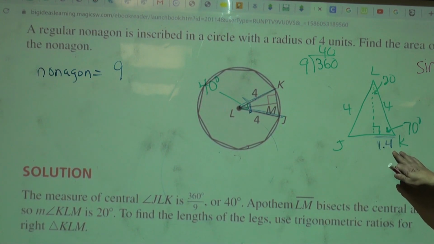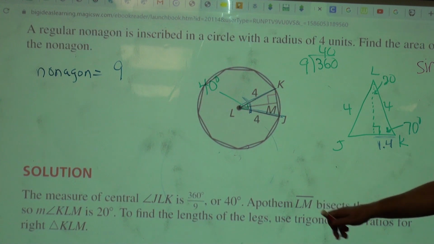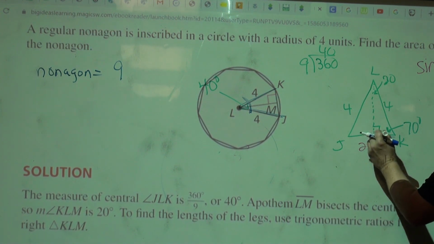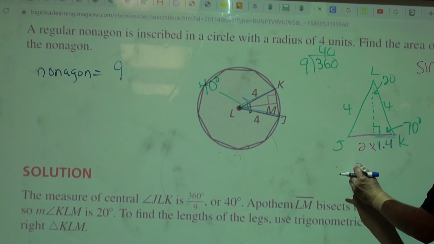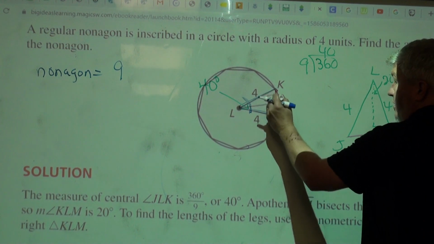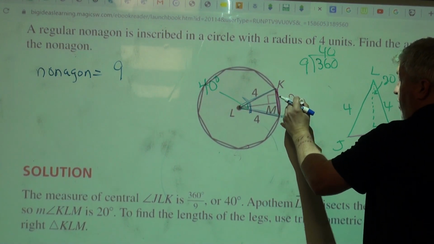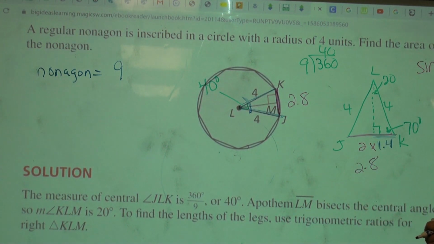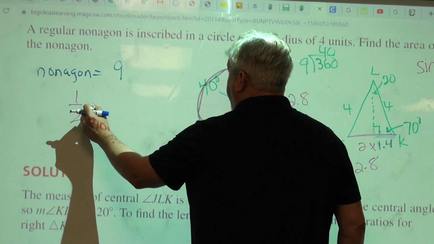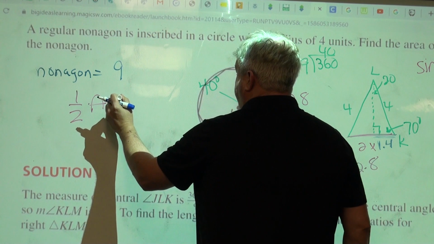That's 1/2 of one of the sides of this triangle. So if I times that by 2, the length of this whole side is 2.8. Okay, which is this right here. That's 2.8. Now remember our formula. 1/2 times the apothem times the perimeter.